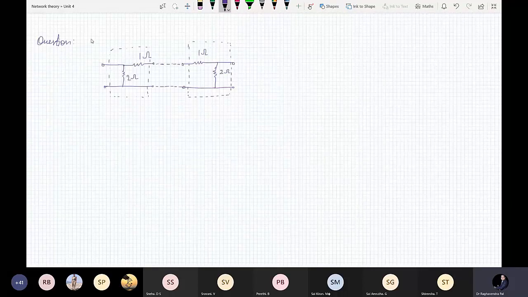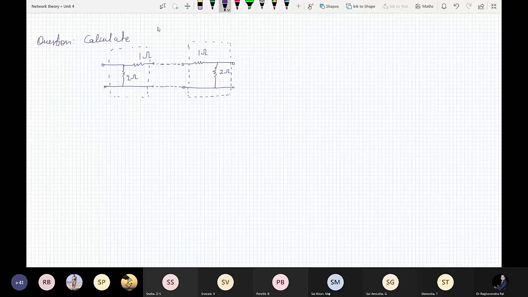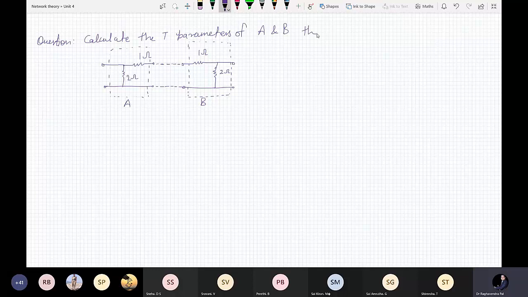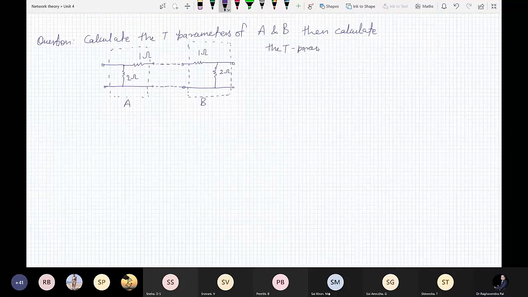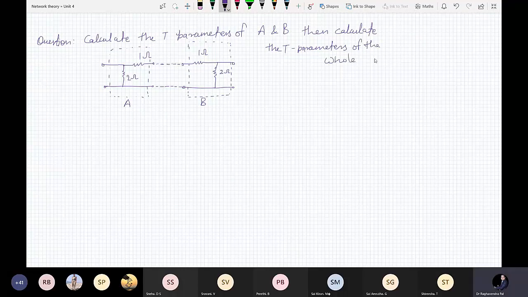The question is actually: calculate the T parameters of network A and B, then calculate the T parameters of the complete circuit.